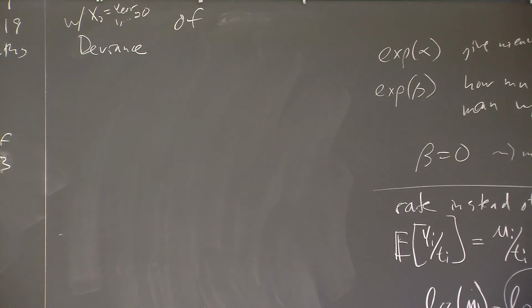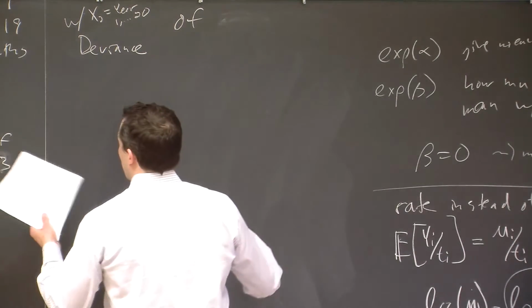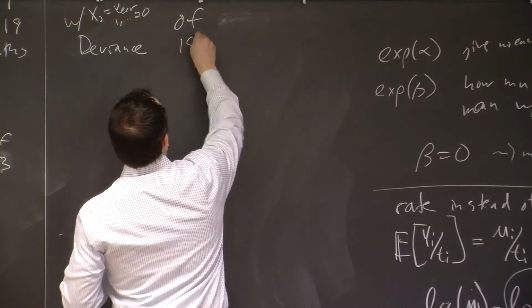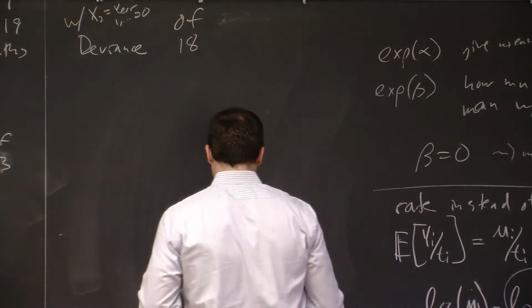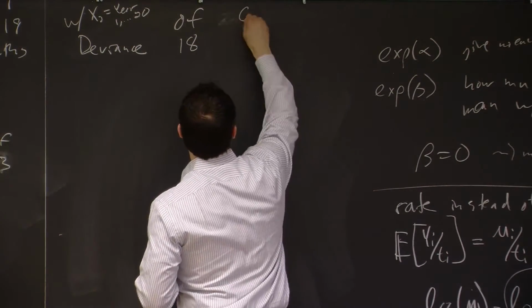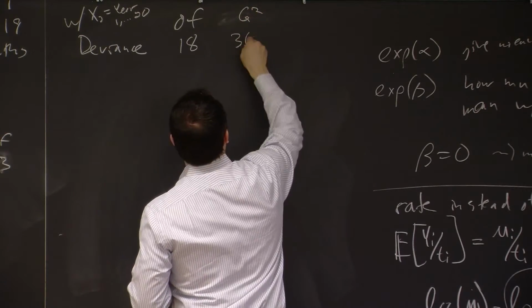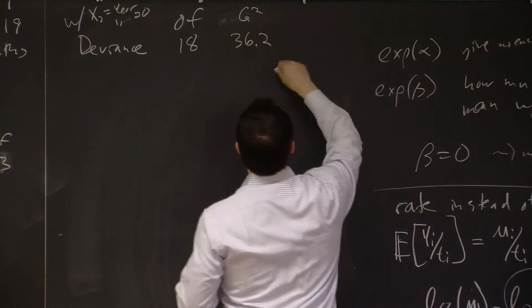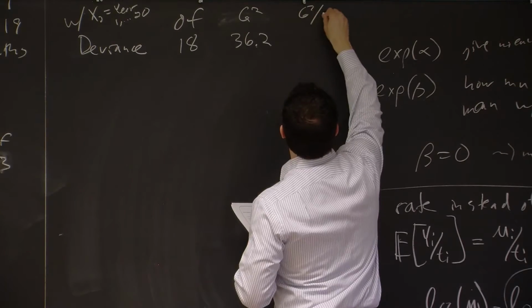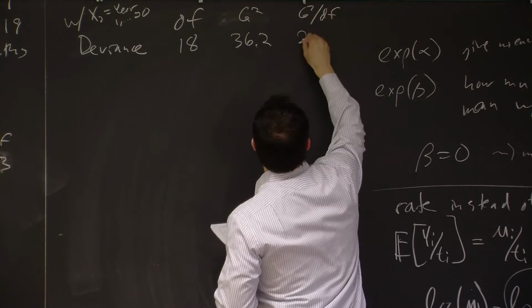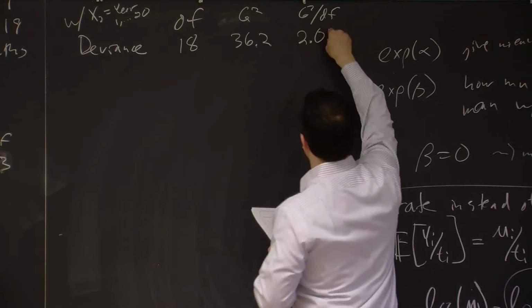Okay. So how many parameters are we fitting now? 2. Yeah, 2, and there were 20 total, so now the degrees of freedom for the test will be 18. And the G squared turns out to be 36.2, and the G squared divided by the degrees of freedom, as a quick and dirty measure of fit, is 2.01.